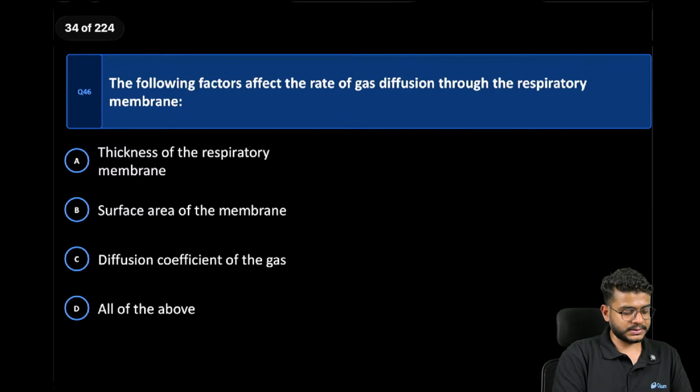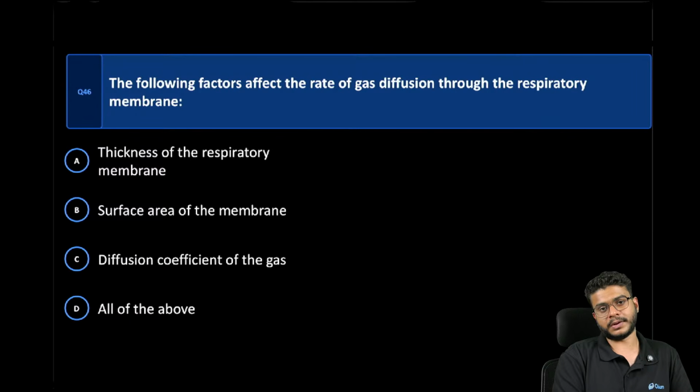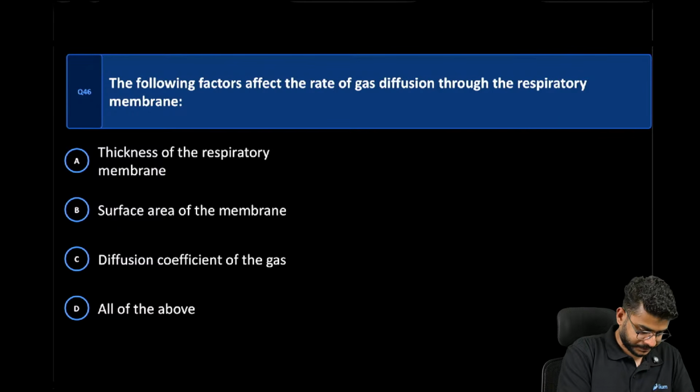The following factors affect the rate of gas diffusion through the respiratory membrane. So for that, we can discuss the rate of diffusion of gas.